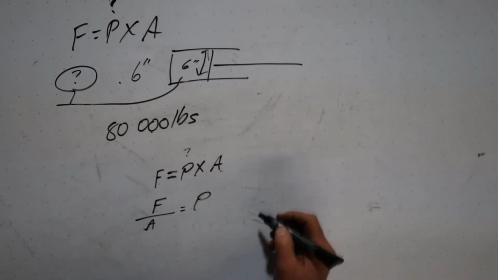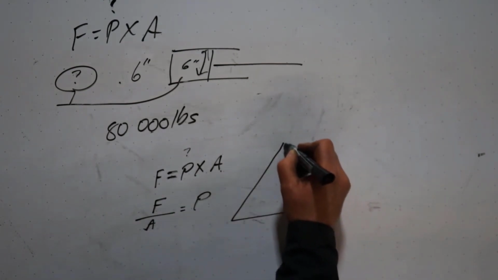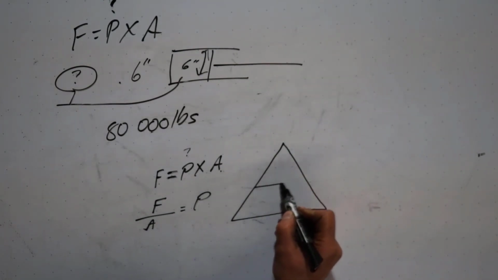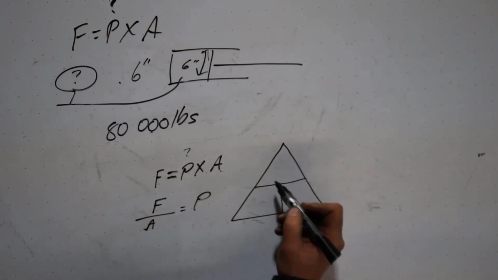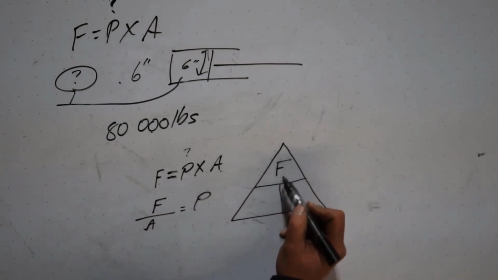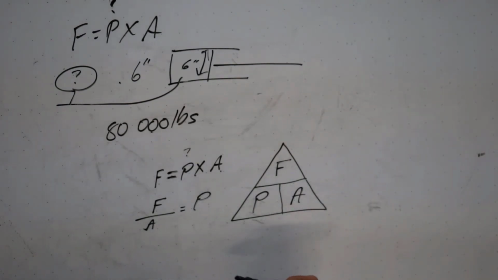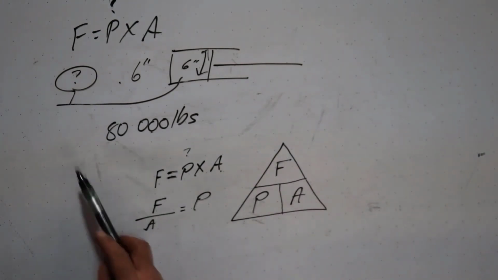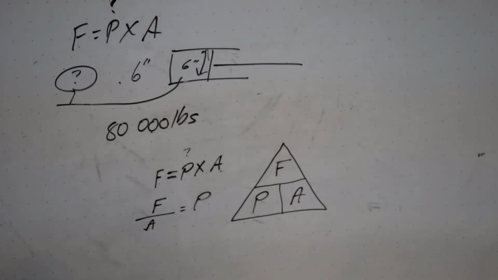There's another way to do it. What I find is a little easier is just make yourself a triangle. Inside the triangle, I split it into 3 quadrants. On the top, I'm going to put force, P for pressure, A for area. This is super easy to figure out as long as you can remember this. I know the force, I know the area, I do not know the pressure.